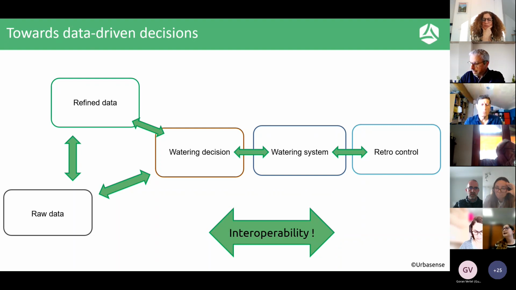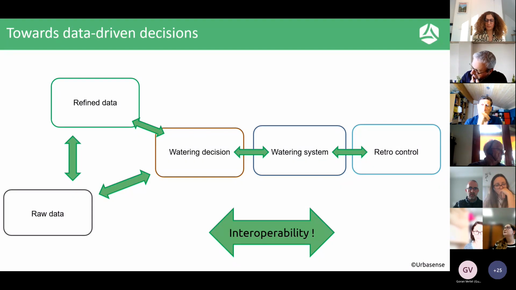This watering decision is going towards a watering system. It doesn't matter what watering system it is. It could be an integrated watering system, but it could also be manual watering. For us, it doesn't really matter. And we have a feedback control, because we can see in the data if the watering is correctly done. Is it not done? Is it not efficient?